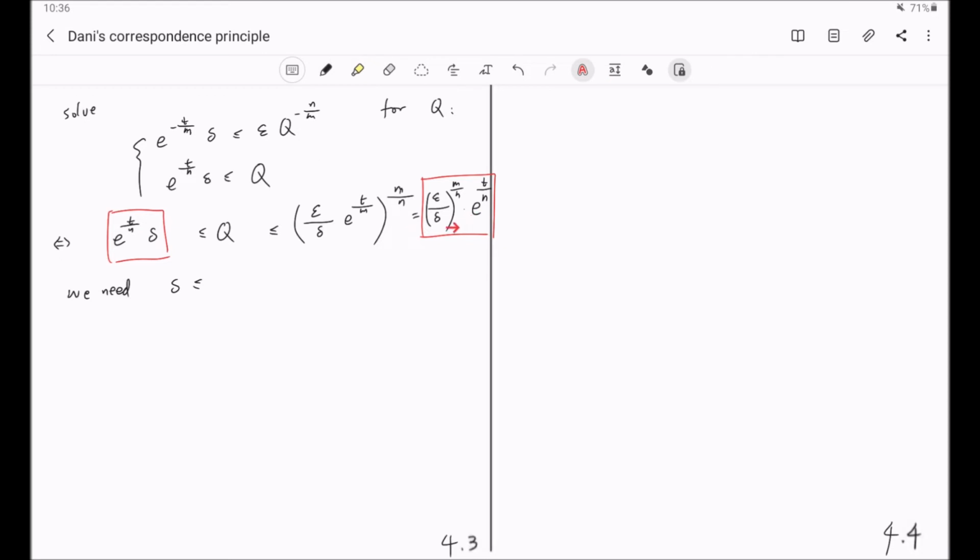To make this solvable, it suffices to make delta to be less than or equal to e over delta raised to power m over n.